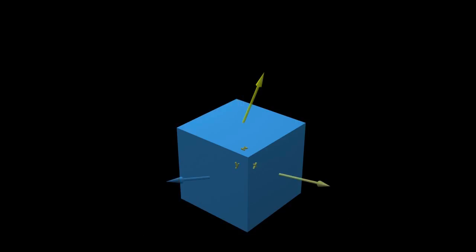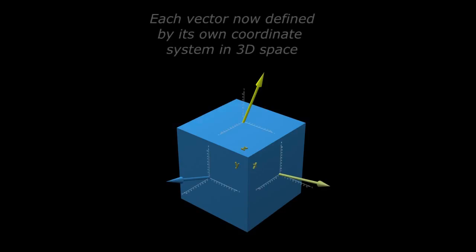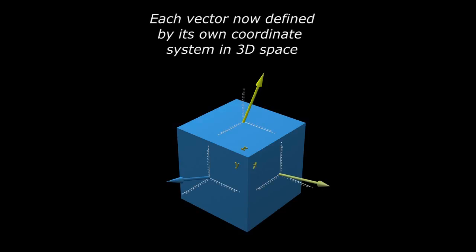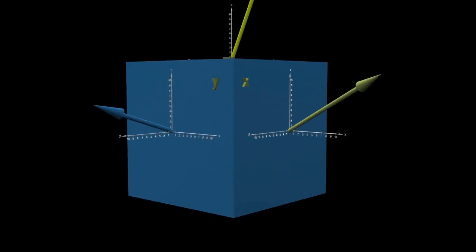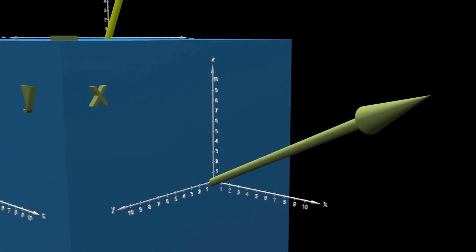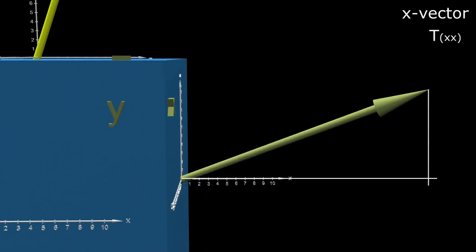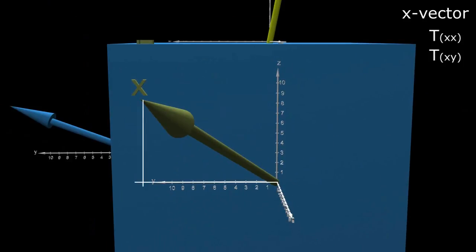A vector on each of the faces is now represented by its own coordinate system in 3D space, and we can mathematically model each vector using the layered coordinate system as we did before, but now with 2 variables defining the vector components as follows. Starting with the x face of the cube, this vector would be described as txx, txy, and txz.